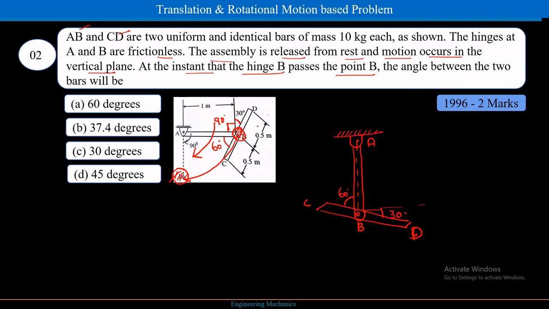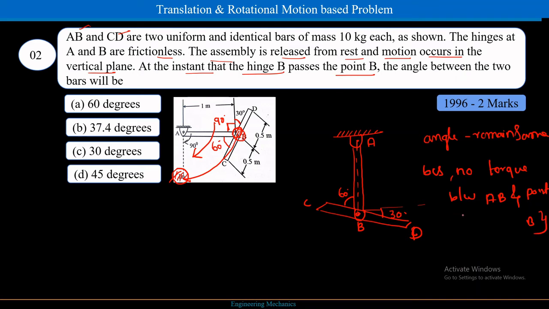Though it is moving in that direction, the angle is going to remain the same, because there is no torque between AB and point B, I mean this hinge B, the pin joint at B. So that's why my angle is not going to change because of this releasing.